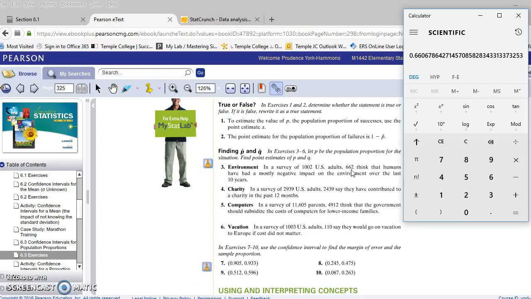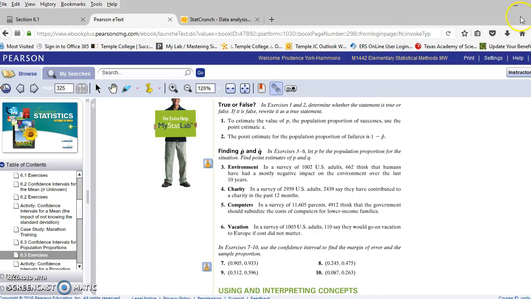Now that's a point estimate, and remember that it's unlikely that the point estimate would ever truly equal the population proportion. So we try to find intervals, and so our next problem will be finding a confidence interval for a given population proportion.